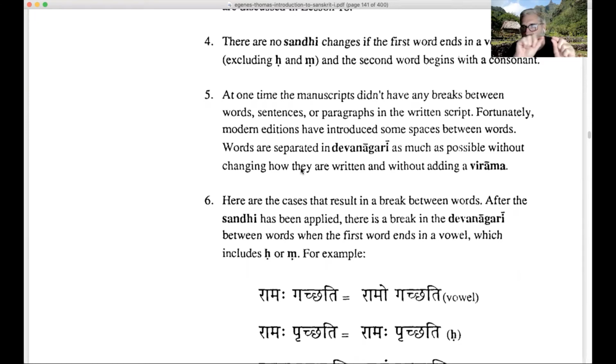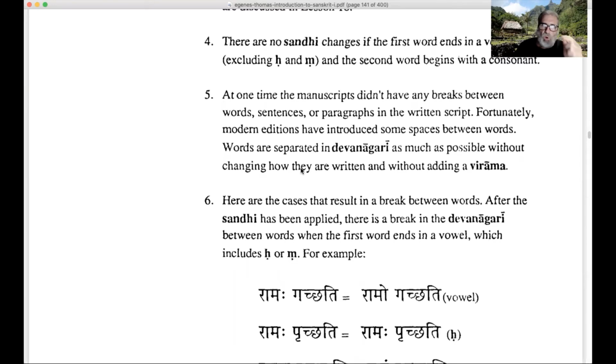And they're all written as one big long word connected together. Fortunately, modern printed editions have introduced spaces between the words. But originally, there were no spaces. They would just keep writing, go to the next line, keep writing. The whole book would be one big long word like that. And you would have to see the sandhis and break them.